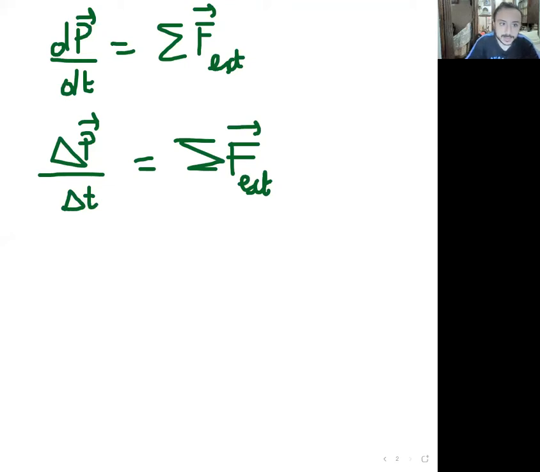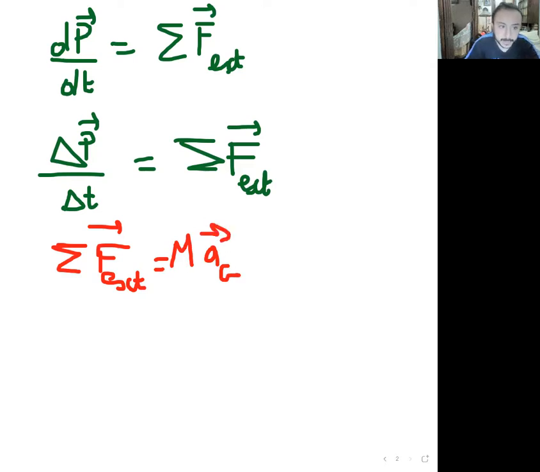The theorem of the center of inertia would give us the following formula. Sigma of the forces is equal to m times the acceleration of the center of gravity, A of g.